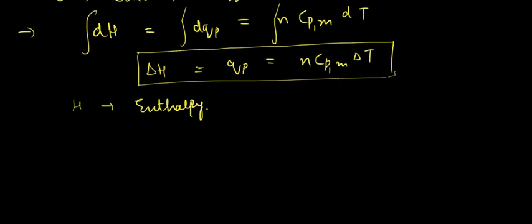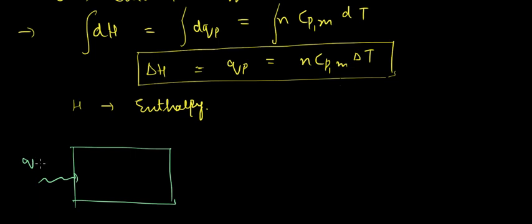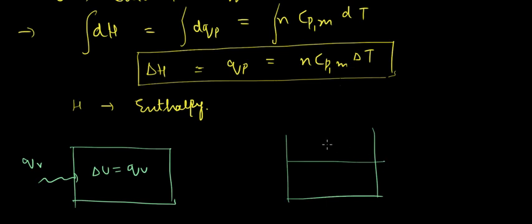So suppose we have a closed vessel like this, and we are applying some heat. This heat would be at constant volume because we have a closed vessel, hence the volume of the vessel will not be changing, hence change in internal energy would be QV. And suppose we have a setup like this, we have a piston on a vessel or on a beaker. This is a piston.